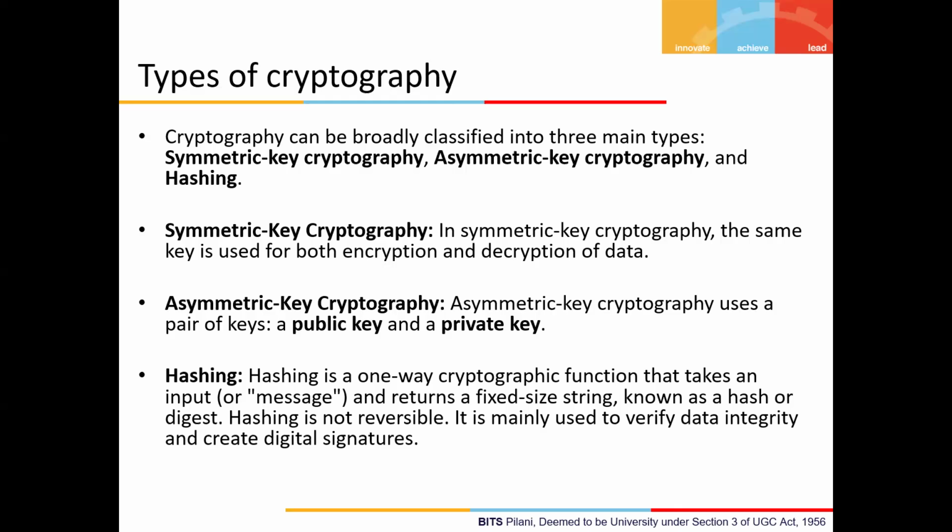In the same way, if I am using 512, the size of the hash must be 512. Another property of hashing is that it is not reversible. If you make a hash of some data, you cannot get back the original data from that hash. That is the main property of this.